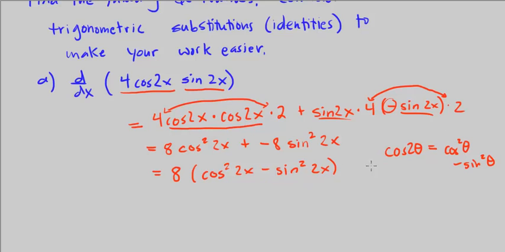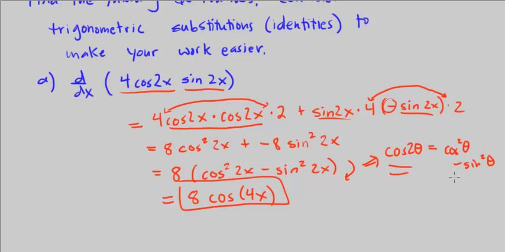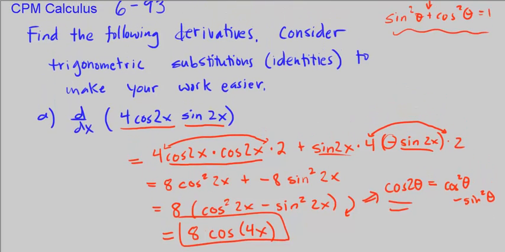So instead of theta, though, we have 2x. So this theta becomes 2x. So 2 theta is going to be 4x. So this is going to be 8 times cosine of 4x. Now here's what we use to get this. We use this identity right there, the double angle for cosine. All right, let's go on to part B.